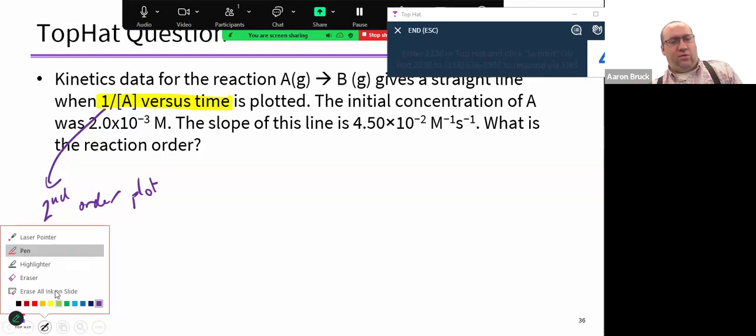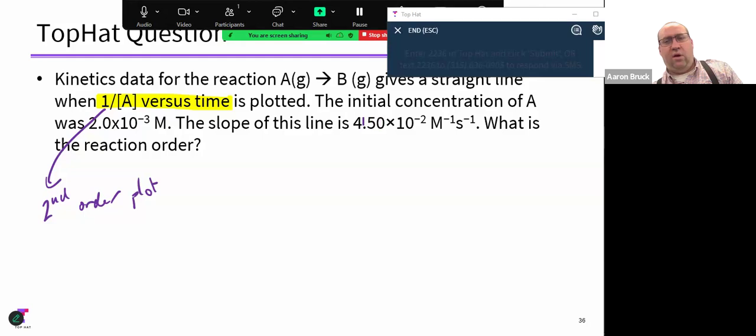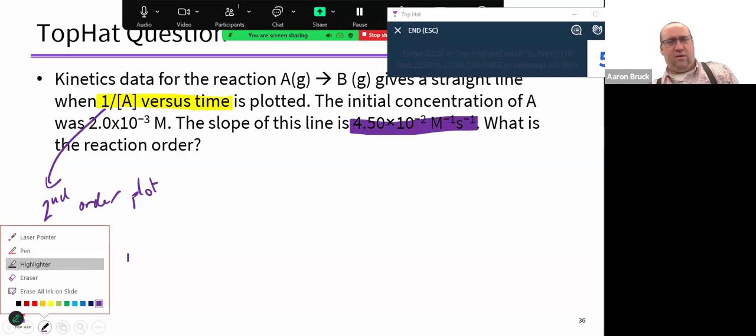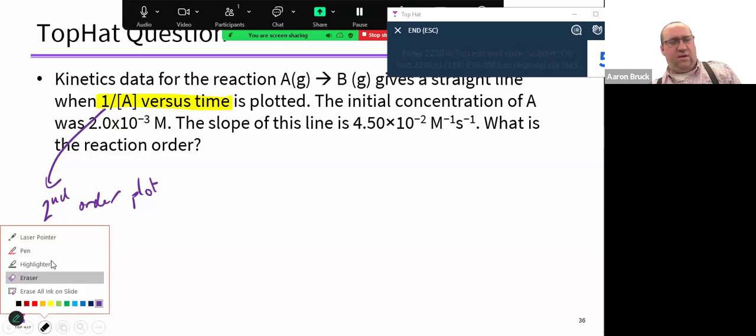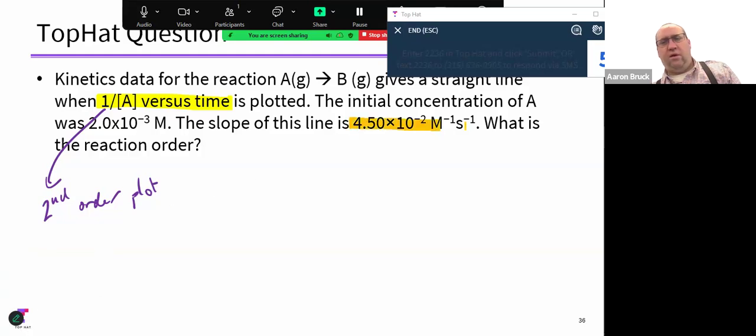The second clue was that they give us the slope of the line, and the unit on that slope, per molar per second.